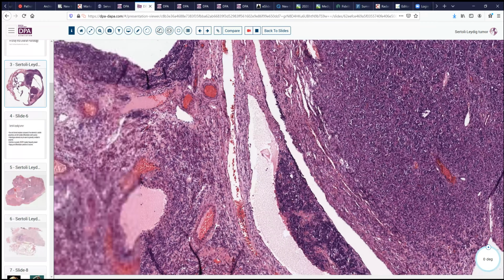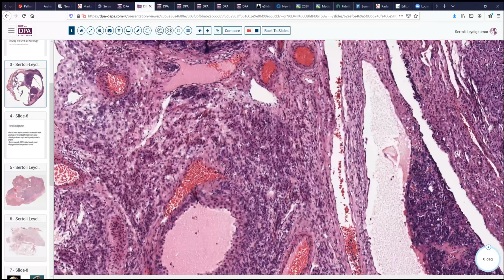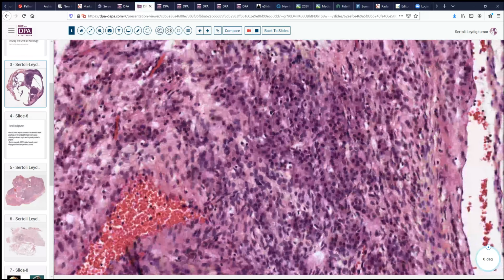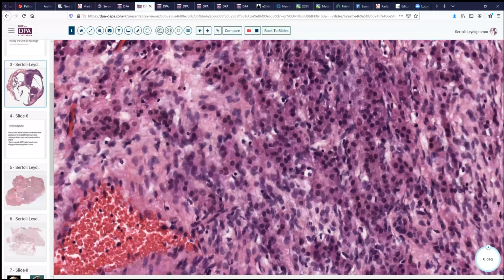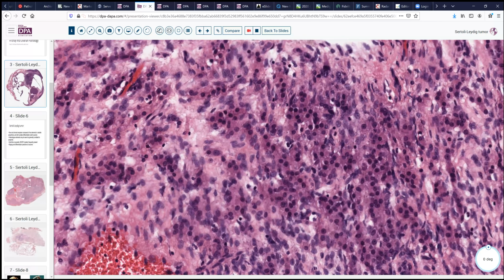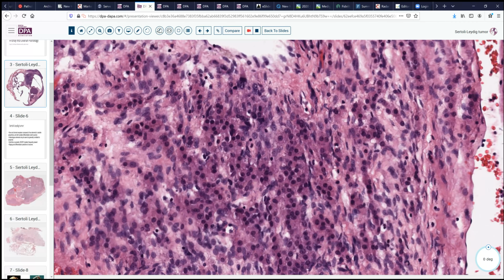We see the solid and cystic component. Here we can see a little bit more of this interstitial component, and you can see again that it has this nicely granular cytoplasm with very uniform round nuclei. At this stage, we're thinking that these are some sort of steroid-secreting cell, some sort of an endocrine type cell.